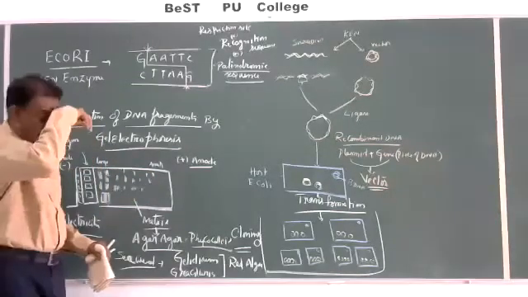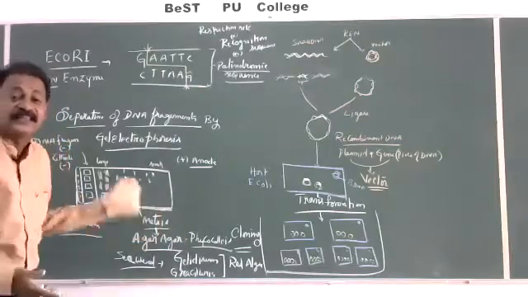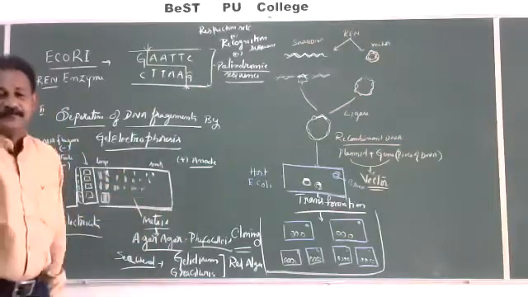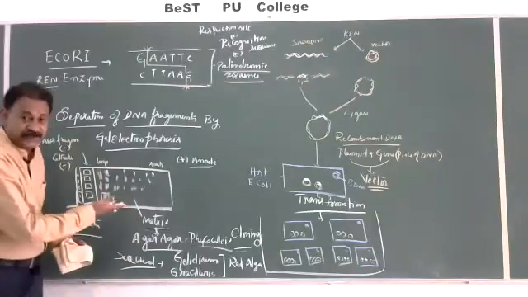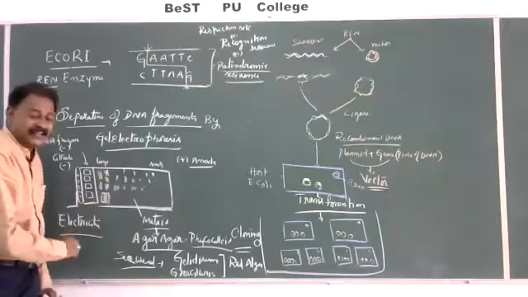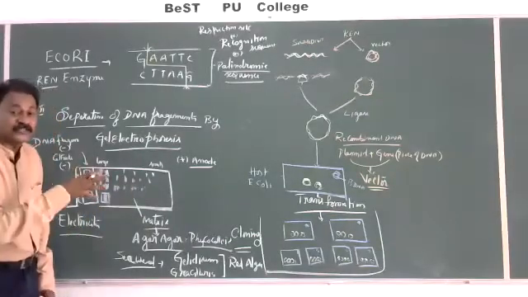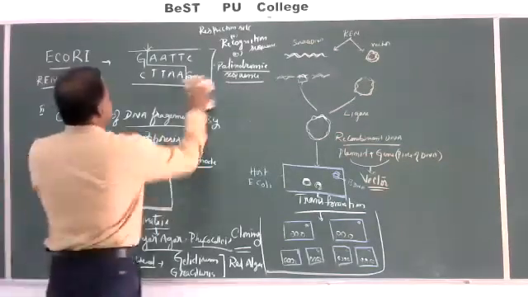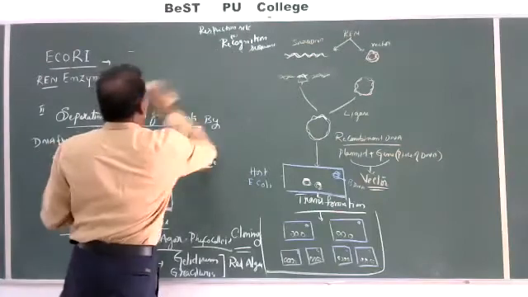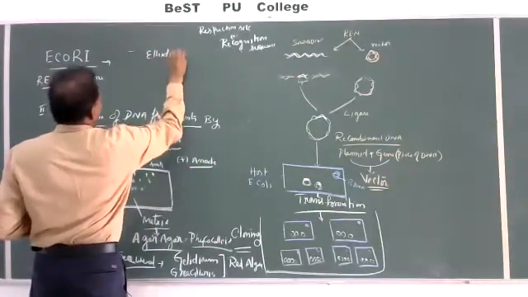But here, my dear students, DNA is such a molecule, we cannot visualize it in the visible light. That too, it is impossible to see them with our naked eye. That's why to this agarose gel, we have given a chromogenic substance, coloring pigment, ethidium bromide. Ethidium bromide is a dye.